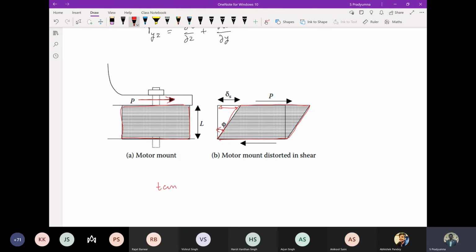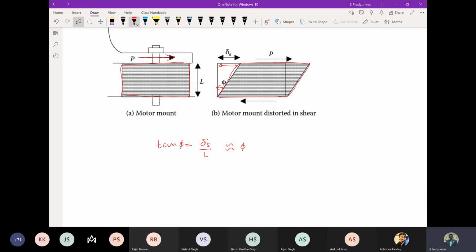What is tan phi here? Tan phi is equal to delta S, the sliding displacement, divided by the depth, that is the thickness of the block, L. So I can say this is approximately equal to phi, that is the shear strain.